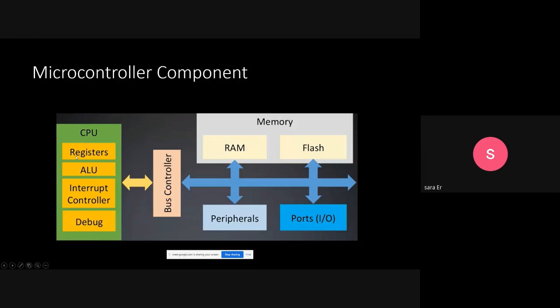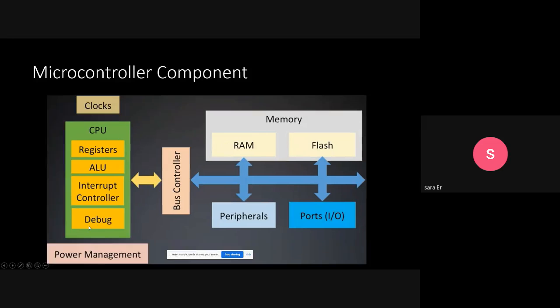The CPU here contains registers, ALU, interrupt controller, and debugger section. Power management circuits are installed here on the board, and there is another section for clock operation and for synchronized operation inside the board.